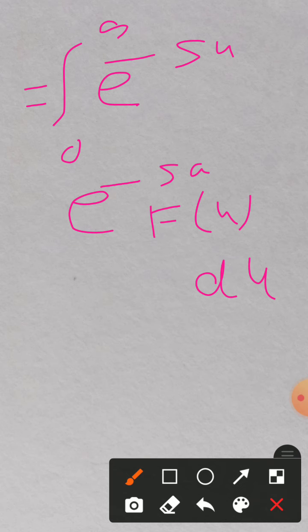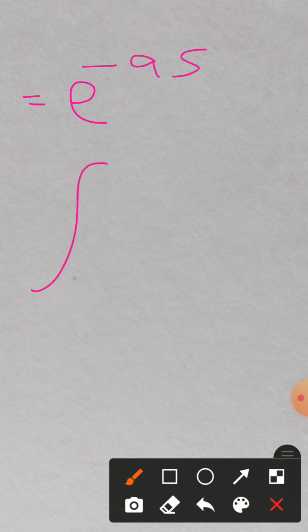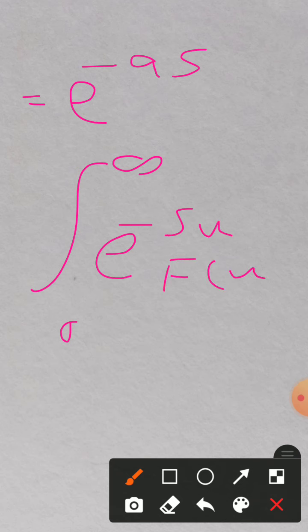Again, this can be written as e raised to power minus as will come outside the integration sign, and inside the integration sign 0 to infinite we will have e raised to power minus su f(u) du.